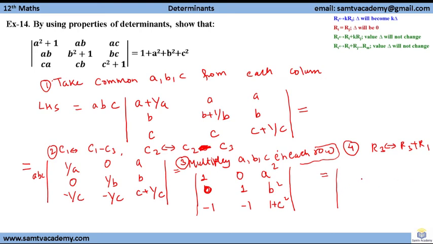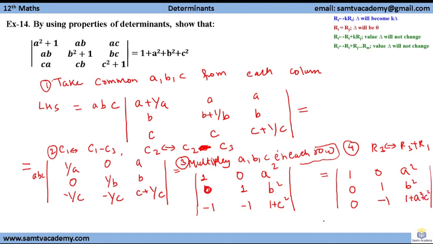Row 3 we have to do operation, so we can write 1 and 2 as it is, 1 0 A square, 0 1 B square, and R3 is added with R1, so this will become 0, and this will remain as it is, and this will become 1 plus A square plus C square, third row.